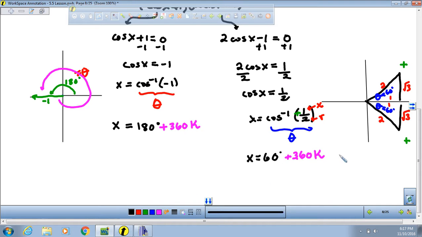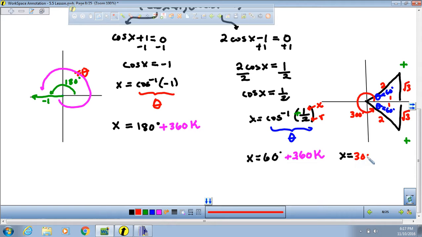Likewise with the other solution that we get. This angle right here, if you put it in standard position, what is that angle going to give us? From here, which is my initial side, all the way to here, which is my terminal side. If the reference angle is 60, the total is 360 minus 60, so that's going to be 300 degrees, right?